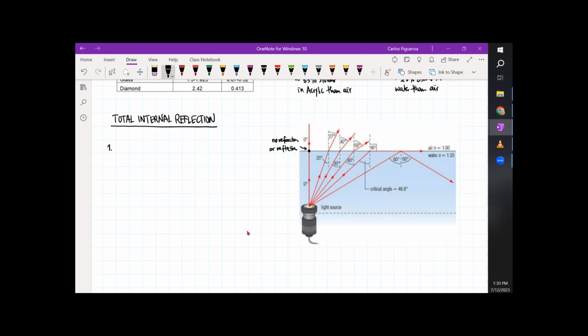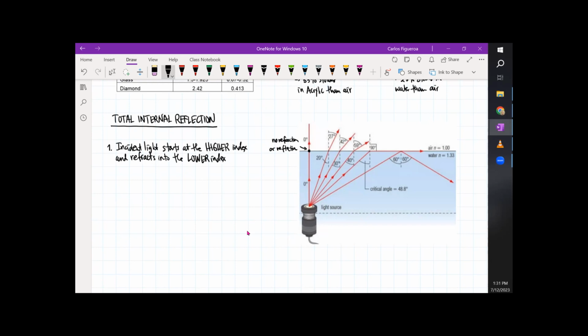One, you're seeing that the incident light starts at the higher index and refracts into the lower index.